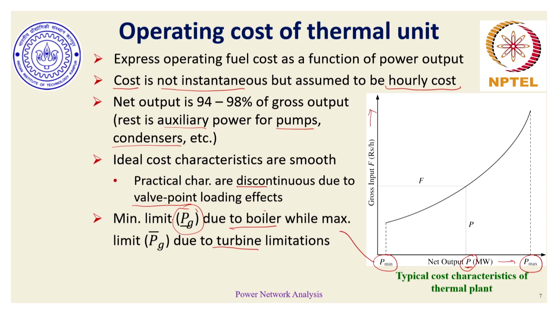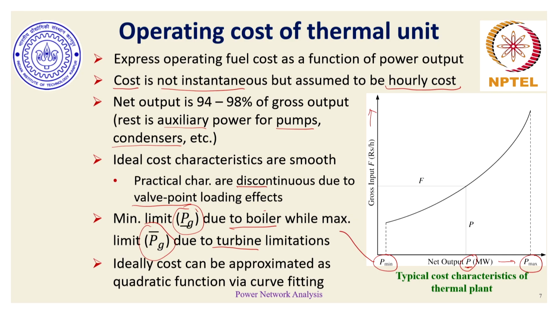And the turbine, being a mechanical device, beyond a particular speed or particular power cannot deliver more mechanical power to the generator. So, the turbine limitation also dictates the maximum real power which can be extracted from this synchronous generator.